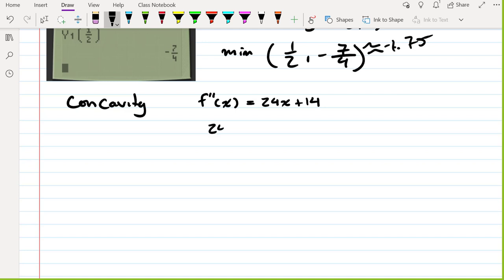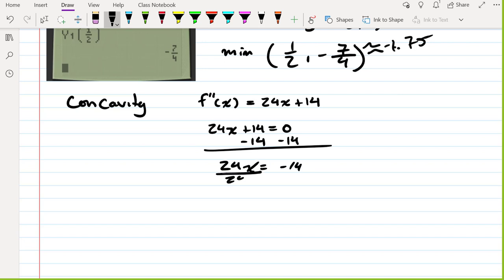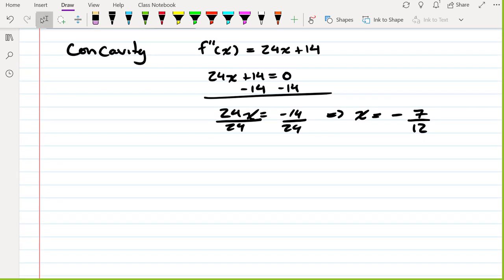So we have 24x plus 14 equals 0, and we minus 14 from both sides. 24x equals negative 14. Divide by 24, and that gives us x equals negative 14 over 24, which reduces to negative 7 over 12. So that's the zero of our second derivative.